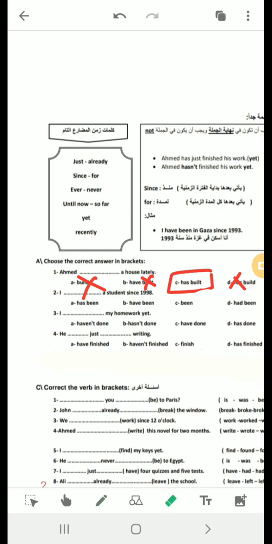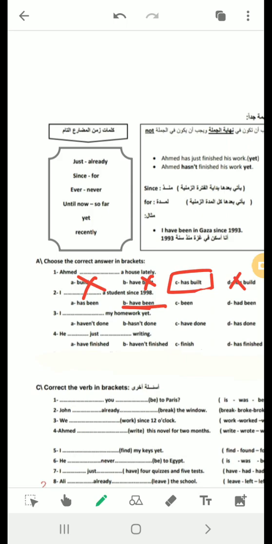Now the second one, I space student since 1998. I have been, had been. Here, I have been. This is the answer. I haven't done, hasn't done, have done, has done my homework yet.